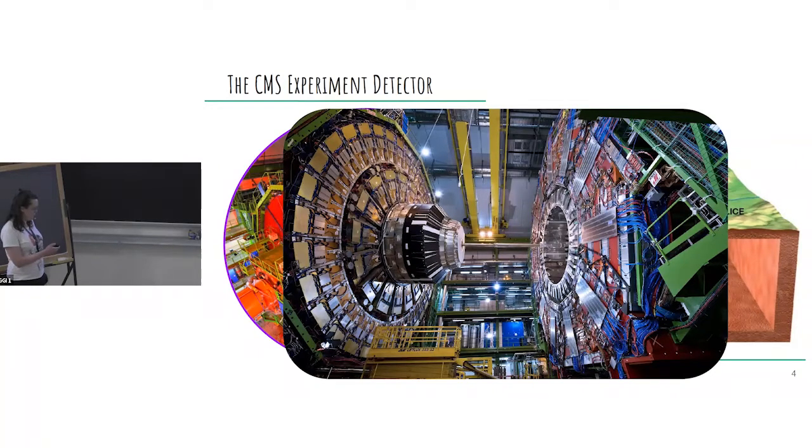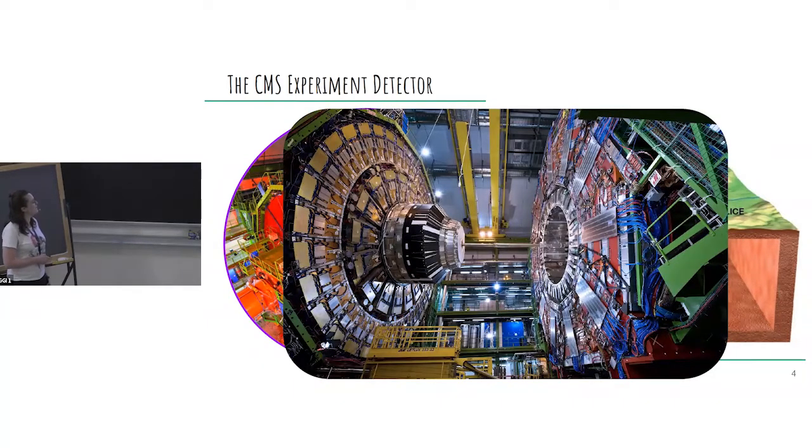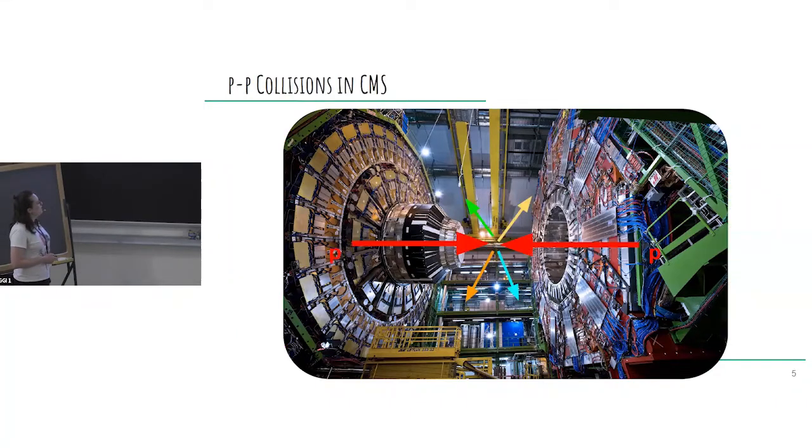You have to imagine that when there are collisions, the setup is compact like this, but it's nice to see the inside. And all the rest is basically what allows us to see the outcome of these proton collisions.